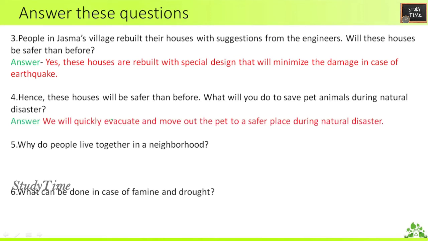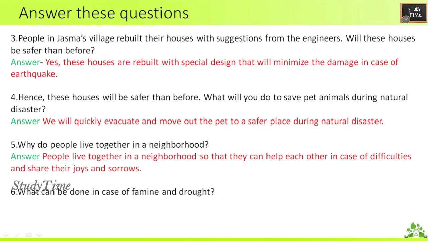We can quickly evacuate and move the pet to a safer place during a natural disaster. Fifth question, why do people live together in a neighborhood? So that they can help each other in case of difficulties and share their joys and sorrows.